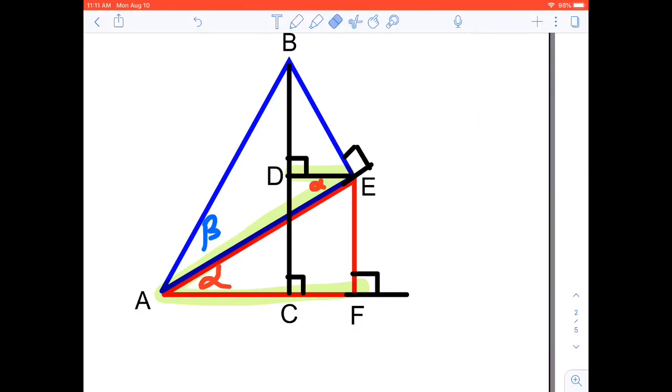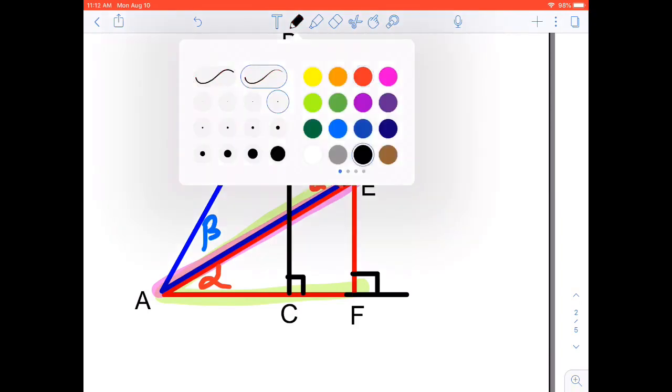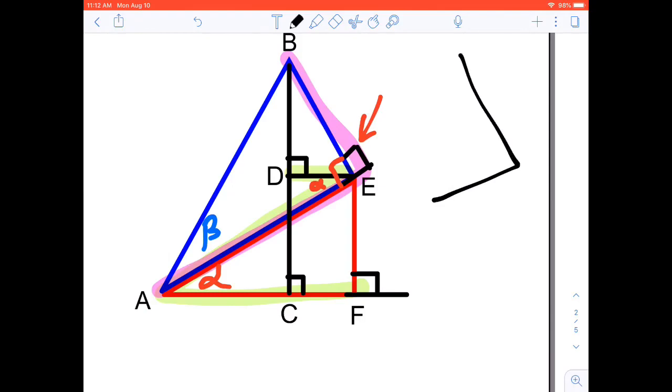Now, the next part I want you to look at is AEB. That is a right angle, because you were given the right angle symbol on that right side. So if I redraw it to the side, this is angle alpha, this is DE, and we have A way down here.